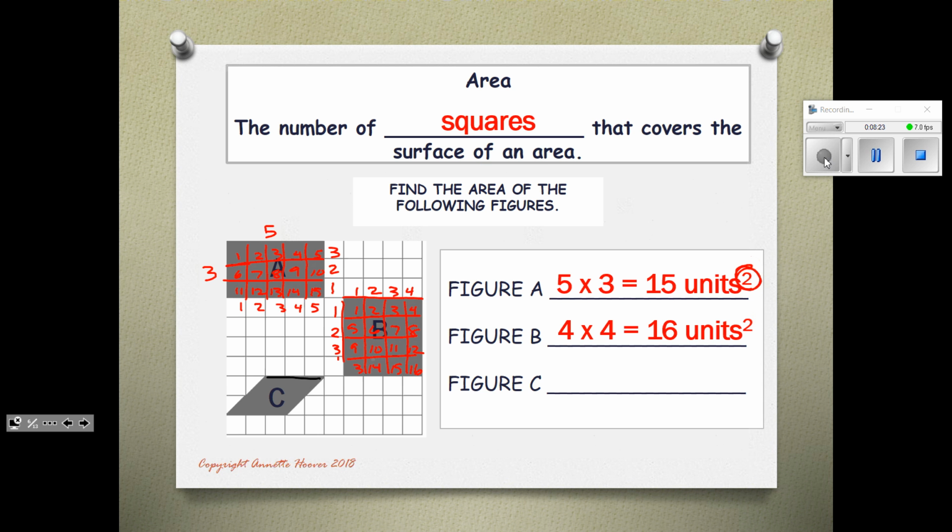So if you can figure out the base, which here is 3, and we have to have what we call the perpendicular height. You don't want to do the slant height because that's not going to be the correct number. But you want to know how many it is up and down, and that is 2 up and down, 3 across the top. So 2 times 3 is 6 square units.